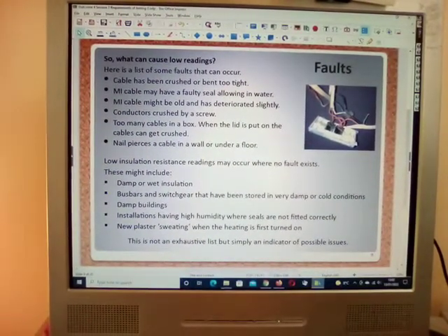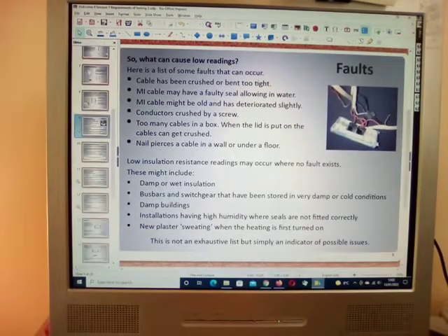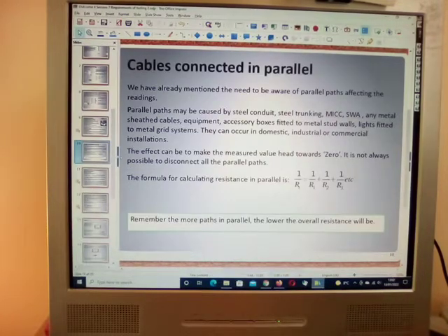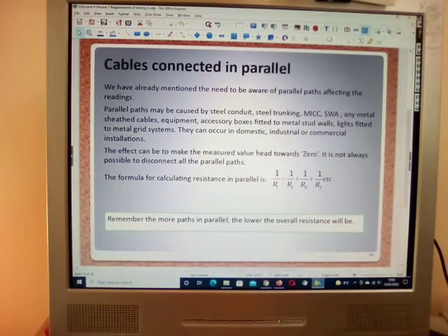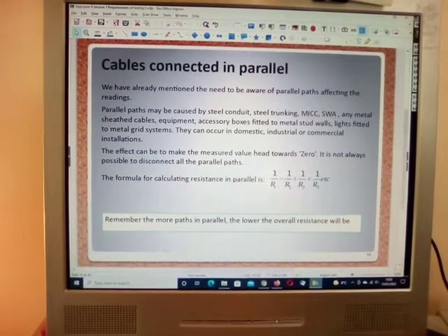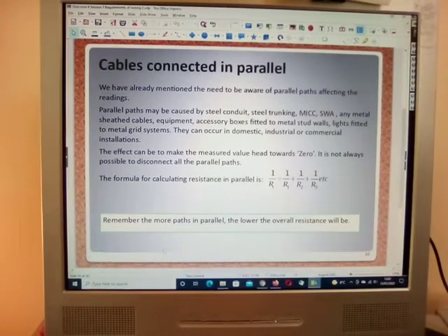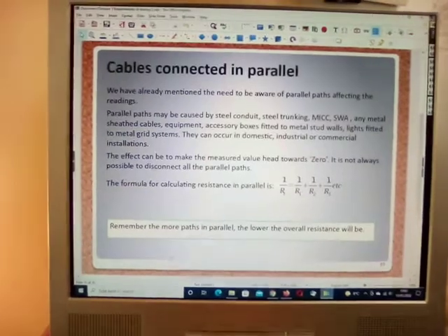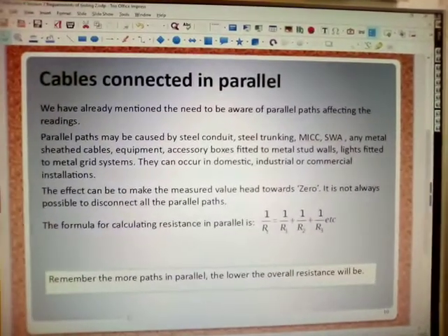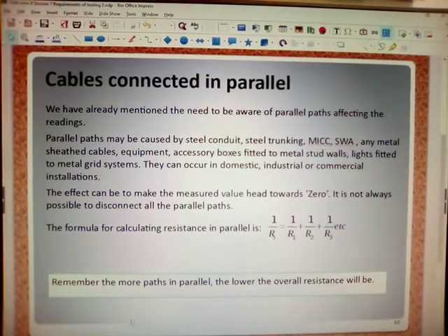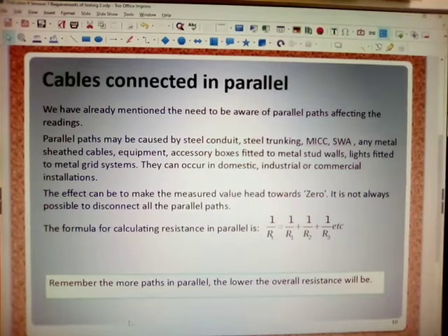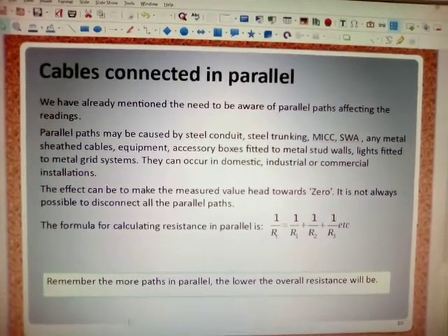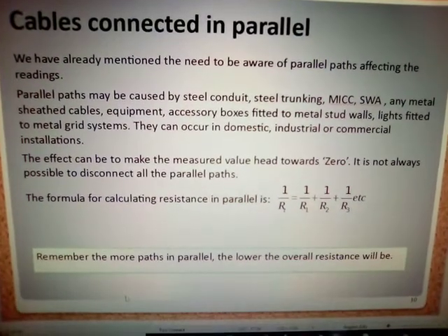And this is just reminding you what it's talking about. Remember, the more paths in parallel, the lower the overall resistance will be. And that's what it is saying there at the base.